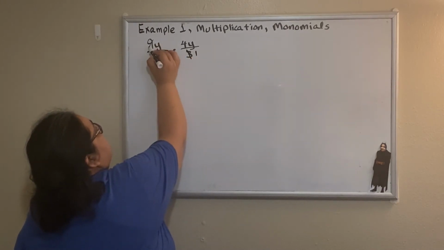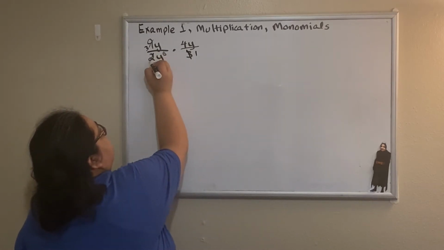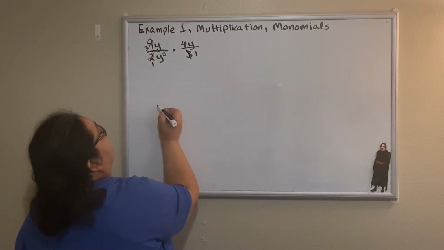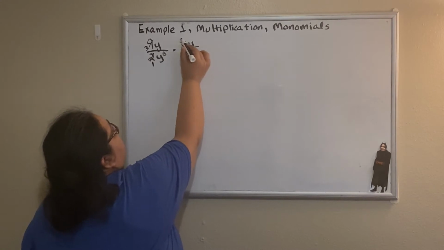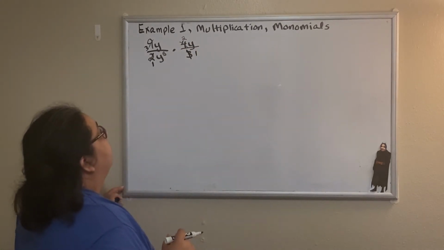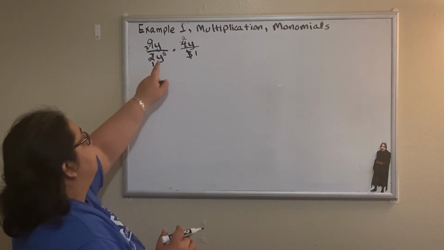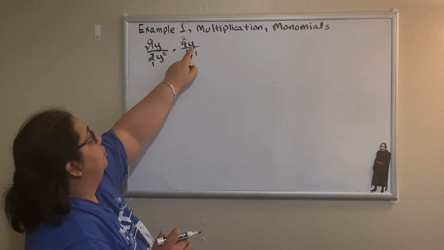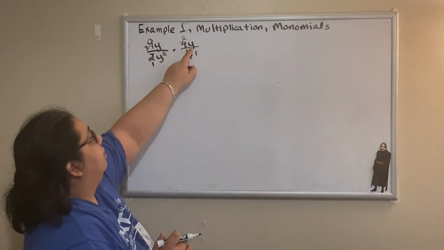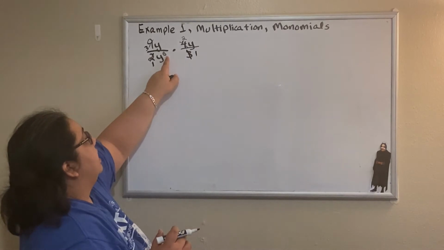We're going to reduce this 9 by 3, and we get a 3. We're going to reduce this 2 by 2 and get a 1. We're going to reduce this 4 by 2 and get a 2. Now, we're going to reduce the y's. I have 2 y's in the numerator, and then I have y to the 5th in the denominator.